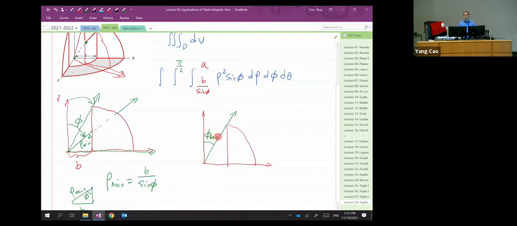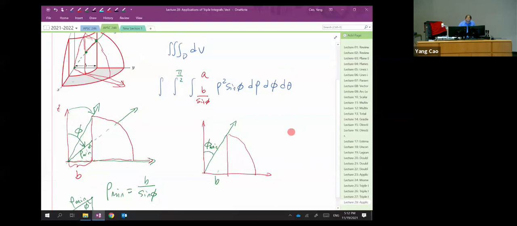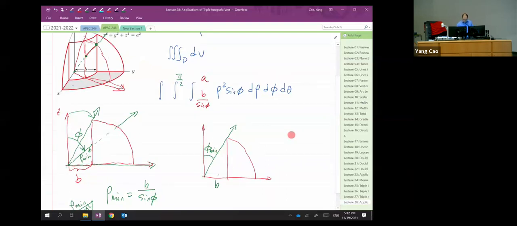Okay, and this is your B out of here, right? So we need to find the angle corresponding to this edge. So again, we need to make use of the given condition. So B is over here.